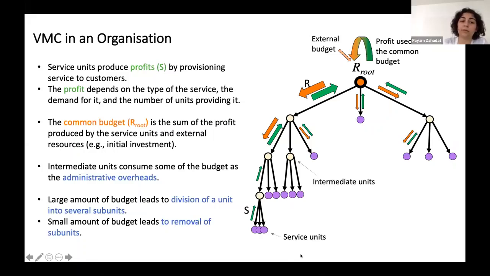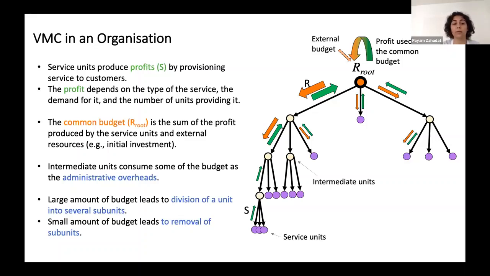Here in the organization, the leaves that I mentioned before we would call service units, and they produce some profit. So the success here is the profit that the service unit would produce providing services to customers. And this profit depends on the type of the service, the demand for the service, and the number of nodes which provide this service.